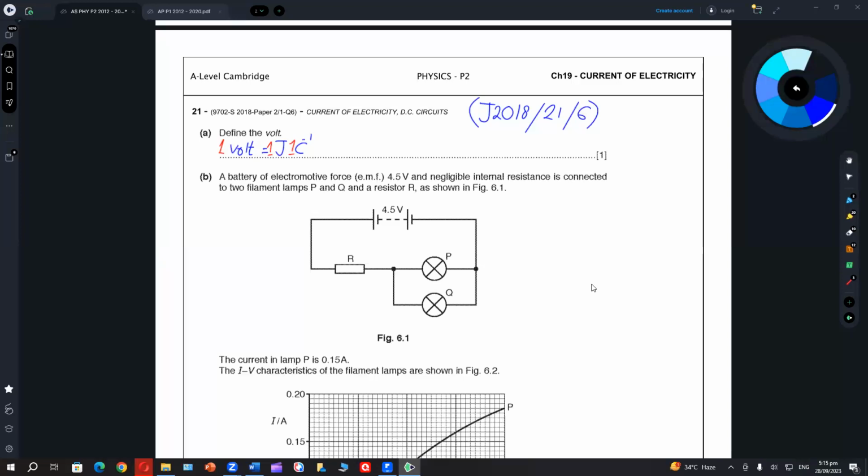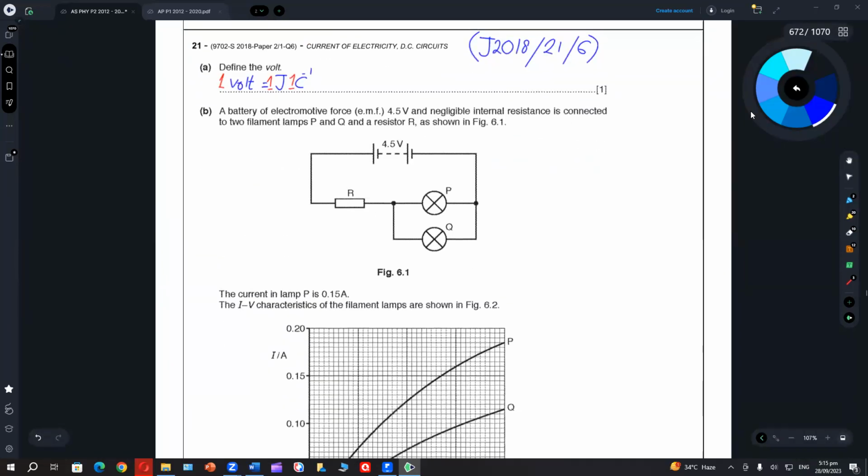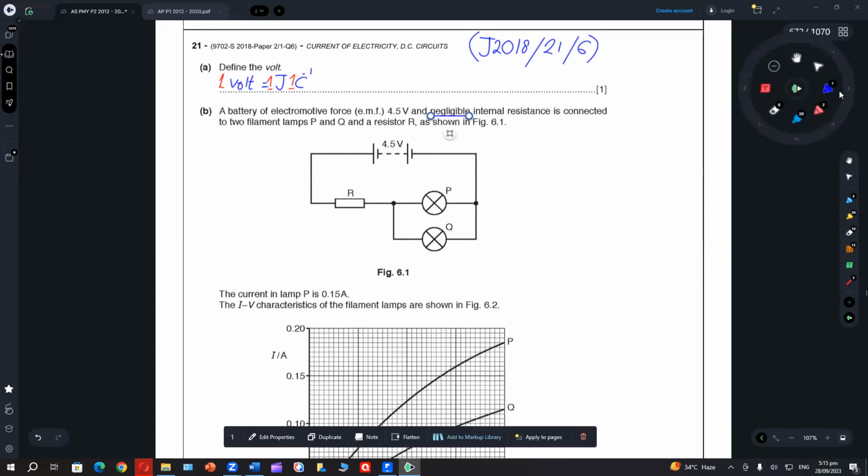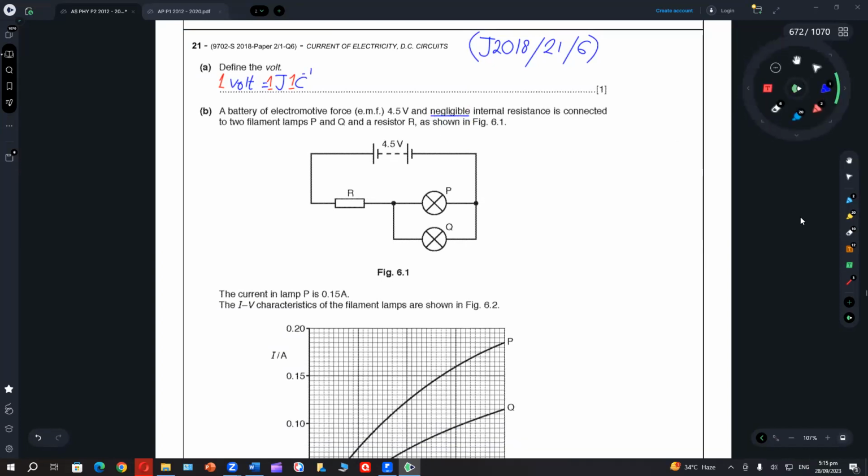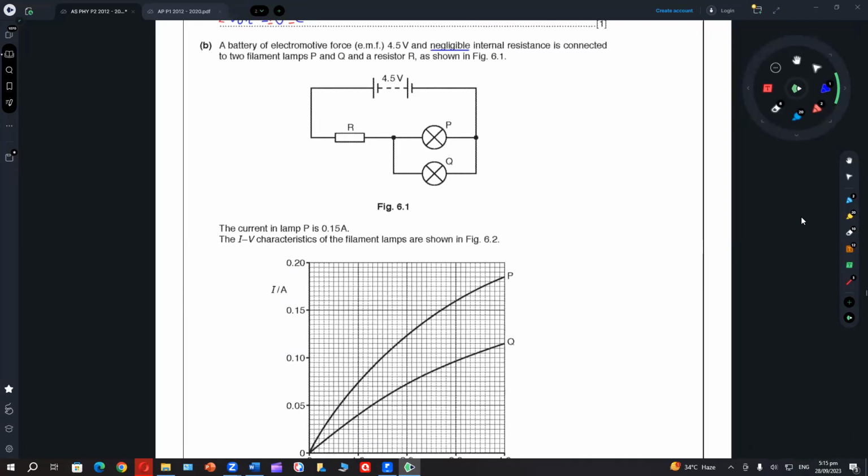A battery of electromotive force 4.5 volt and negligible internal resistance is connected to 2 filament lamps P and Q and a resistor R. The current in lamp P is 0.15 ampere.